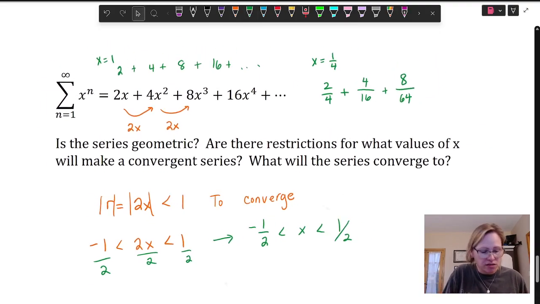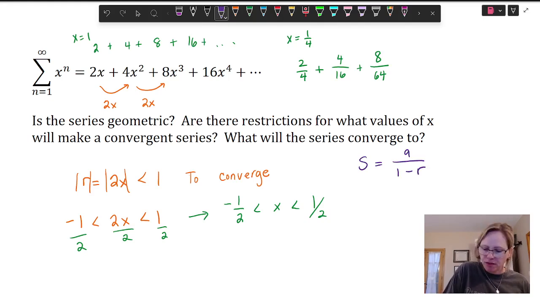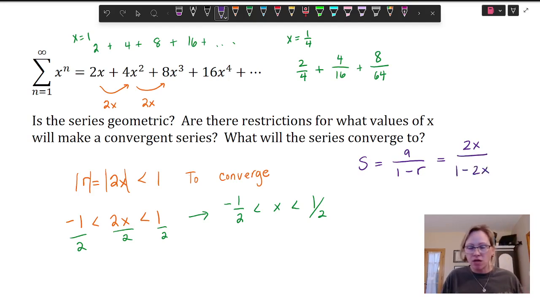Well, what is the sum? We just simply use our sum formula. We know that a geometric series always converges to a over 1 minus r. Well, a is your first term, that's 2x. r is 2x also, sometimes they're the same thing. Essentially, it will converge to whatever this function is.